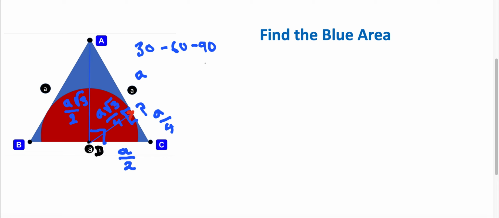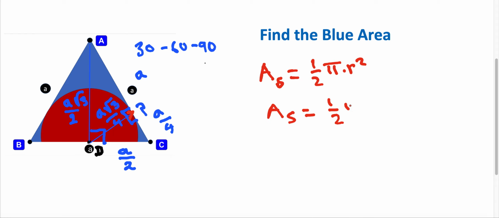And now we can find the area of the semicircle. So the area of the semicircle, let me write S, is going to be equal to 1.5 times pi times r squared. The area of the semicircle is going to be 1.5, here is a pi, and the r squared.